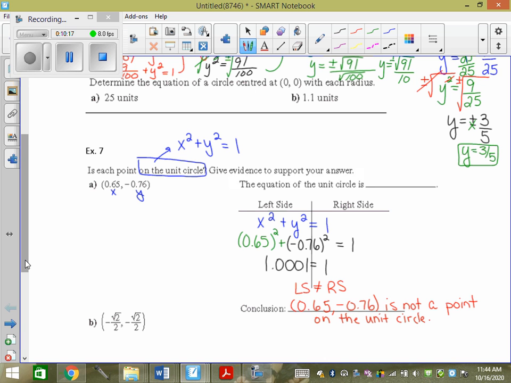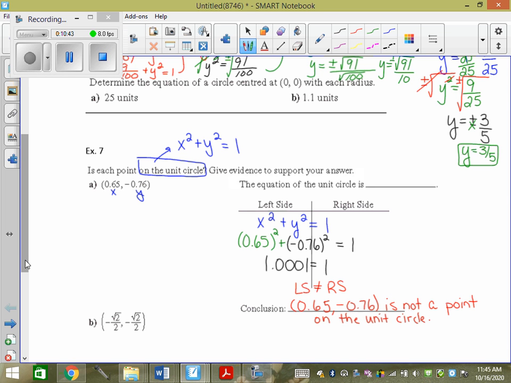If we saw it drawn on the unit circle, we'd probably think it was on the edge of it. But we checked it and it's not. It's a teeny tiny bit off. Would it be outside or inside the unit circle? Outside, because the unit circle has a radius of 1, and this technically has a radius of 1.0001. It's a teeny tiny bit outside, so it's actually not on it.